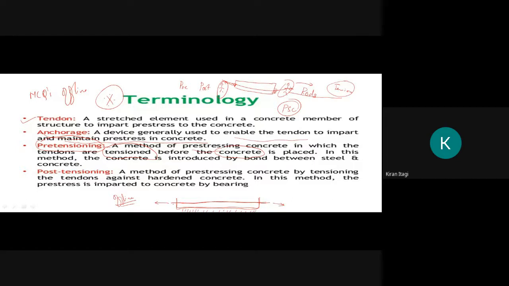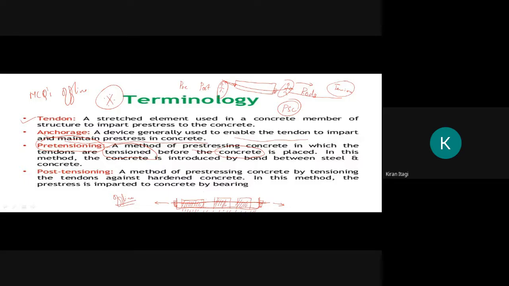After applying the tension, we anchor it, so that even after releasing, it does not come back to its original position. So we provide some anchorages. After providing the tension, we place the concrete. So this is one beam. This is another beam. So this is another beam.